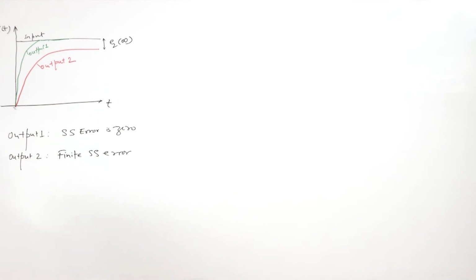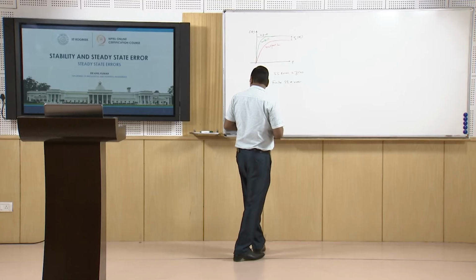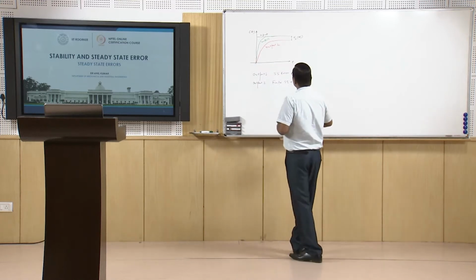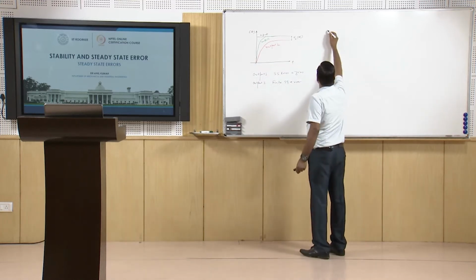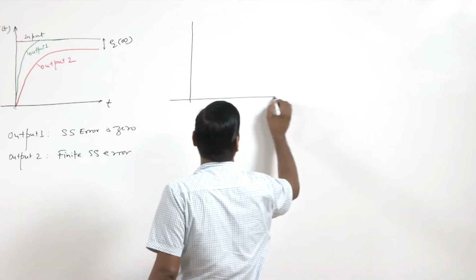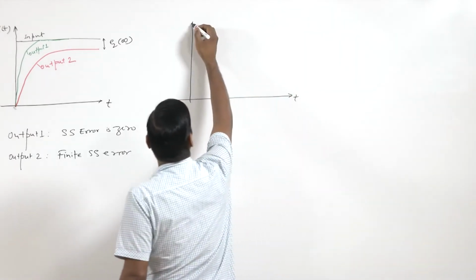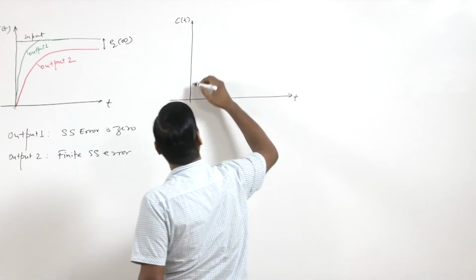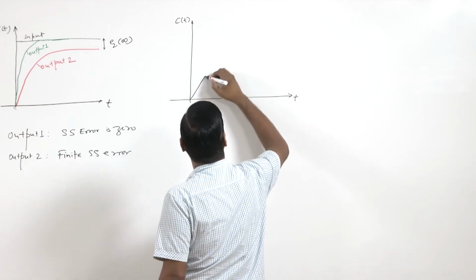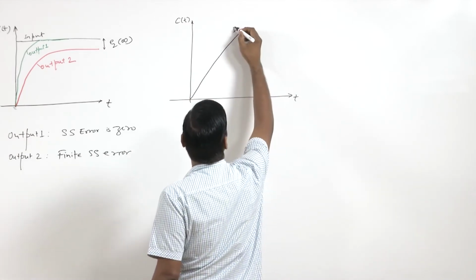Now let's see the ramp input. So here, this is C(t), and we have some ramp as input. So this is our input.